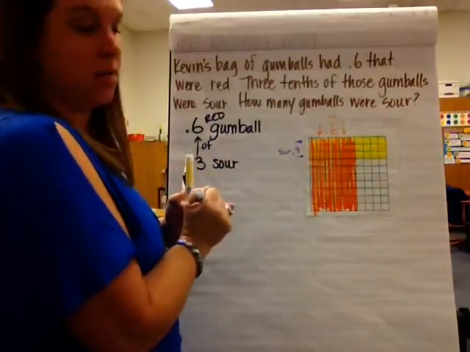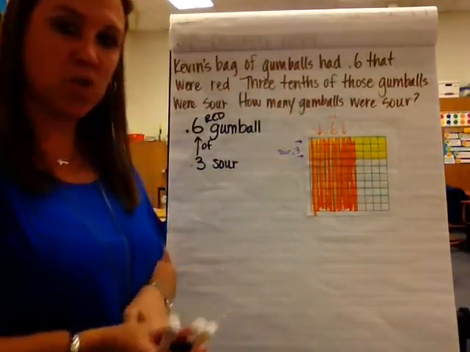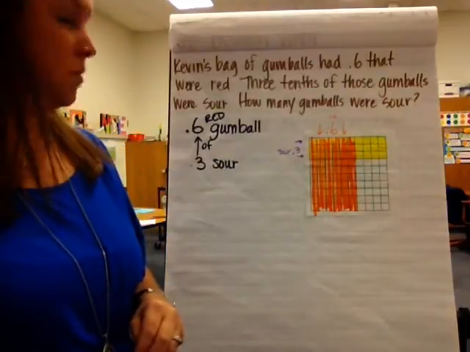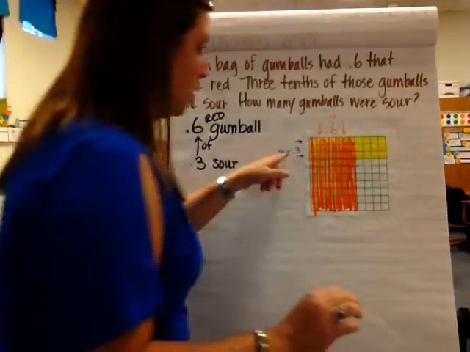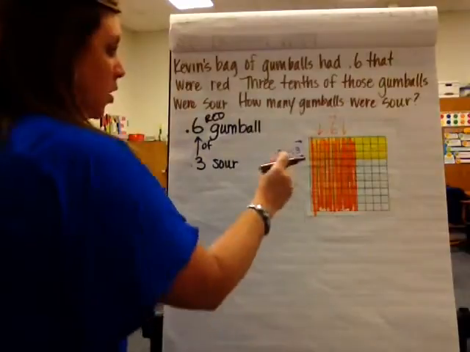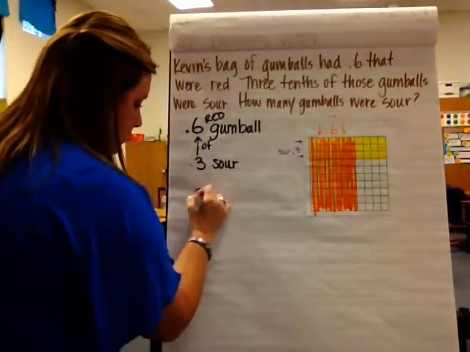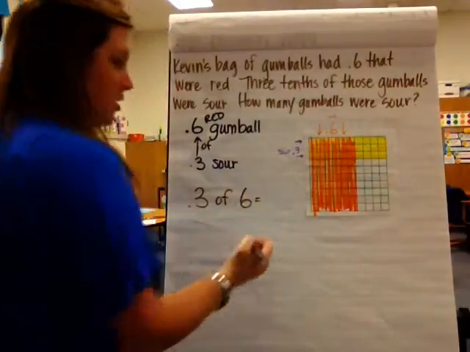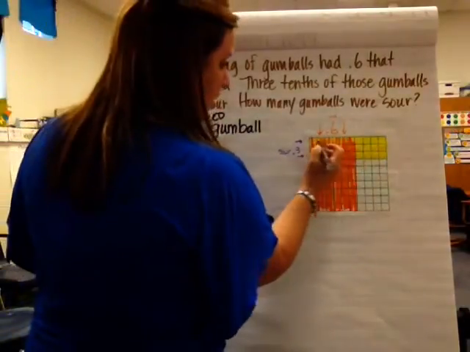Okay, so that's my sour. That's my 3/10 that's sour. Please make sure I'm writing, you're writing. Okay, so now let's go back. So 3/10 of my 6/10 is what? Well, how many? 3/10 of my 6.